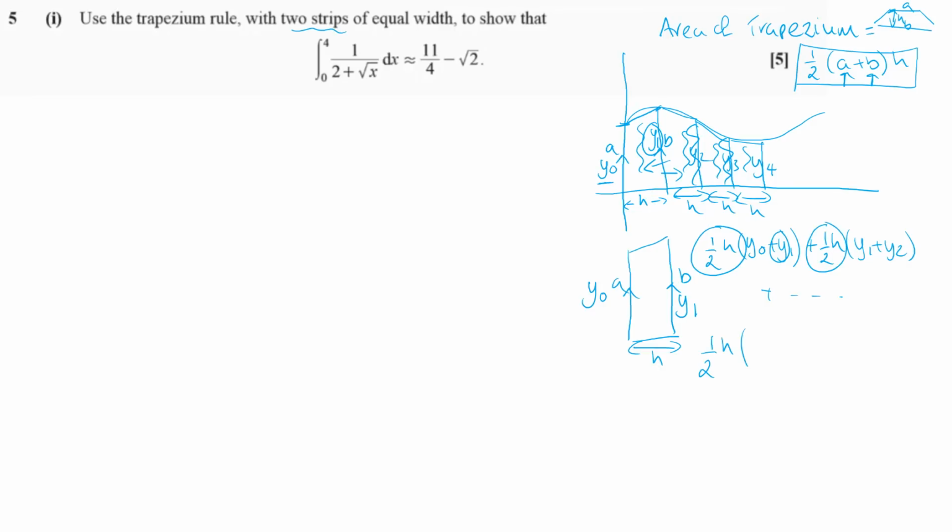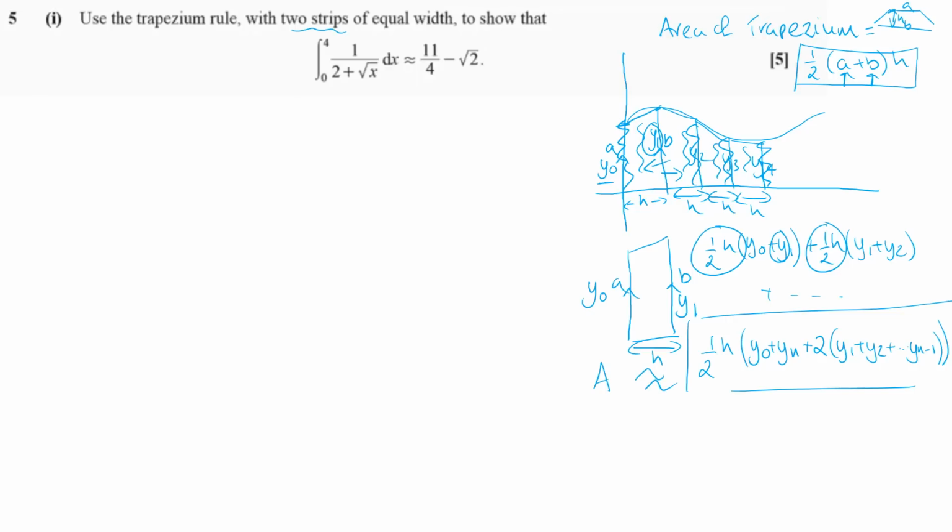And then you're only going to have one of the first ordinate and the last, so it's going to be y0 plus yn if we want to make n strips, plus twice of all the ones in the middle. And that'll be n minus 1, and that is the formula that you get, and that's going to be the approximate area using the trapezium rule.